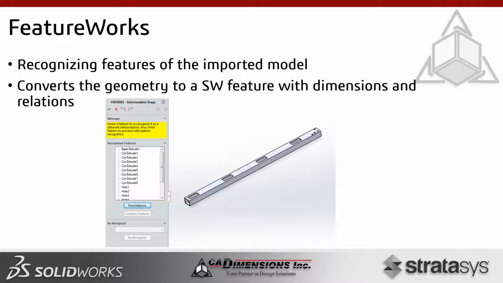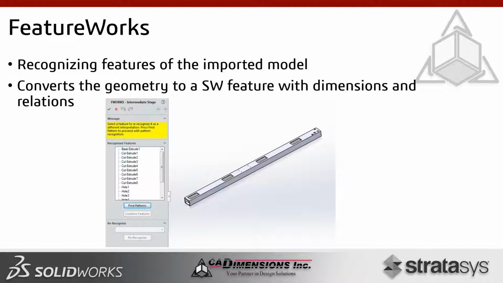So you can bring in a model that has no feature tree whatsoever and essentially build up an entire feature tree with dimensions and relations and everything, so you can go through and manipulate it. When you have a really complex model, this is definitely going to take a while to build. But in this example, it's a fairly simple part and it's very easy to recreate.